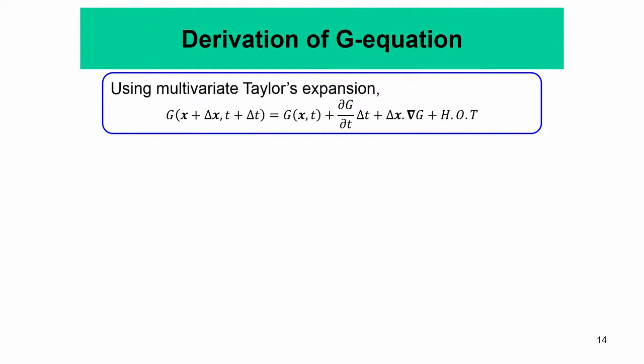So, what we can do is, just like we can do the Taylor series expansion, we can write G at x plus delta x and at t plus delta t. We expand around the G value at x and t, and since G is a function of both x and t, it is given by partial derivative of G with respect to t times delta t, plus delta x times the gradient of G, plus higher order terms which we neglect.